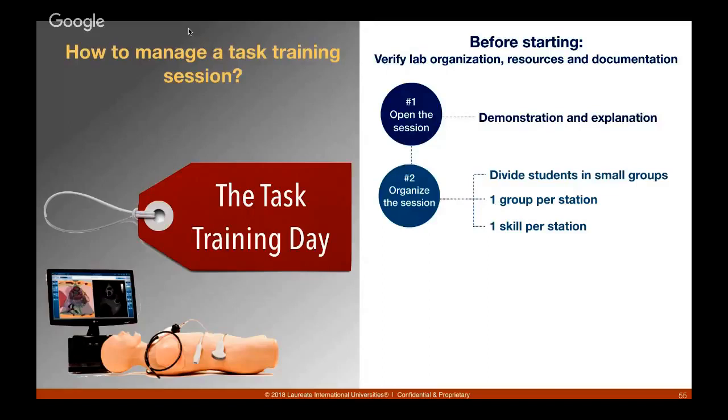And this kind of test training gathers different skills, and it involves some decision-making processes in the test training session, okay? But usually, commonly, you are going to train one skill per station.